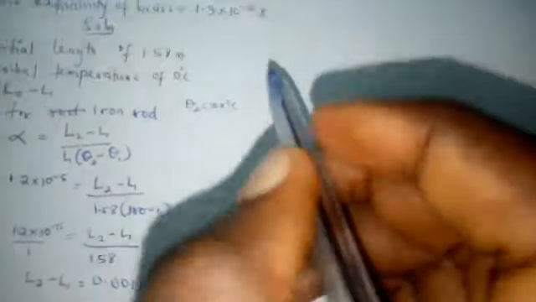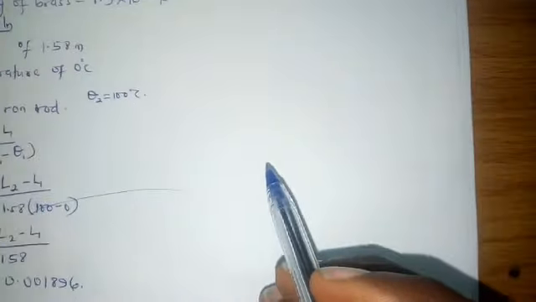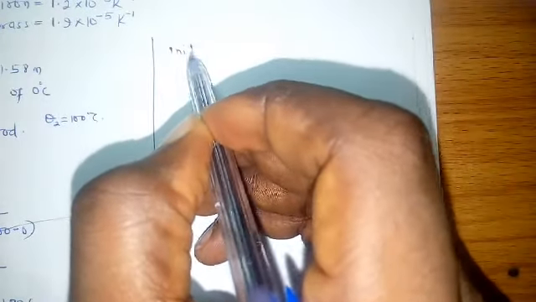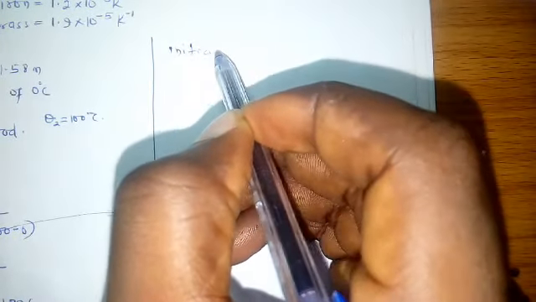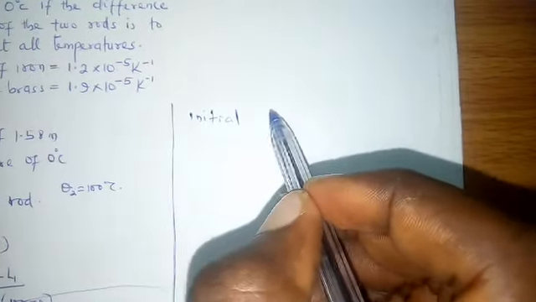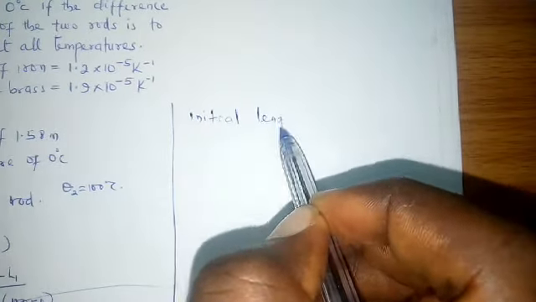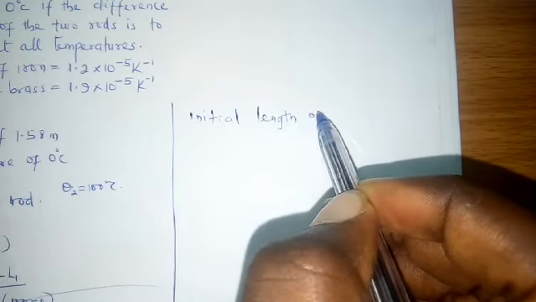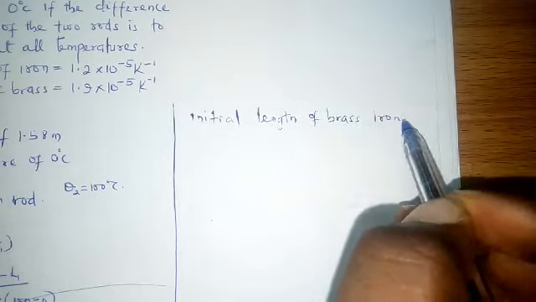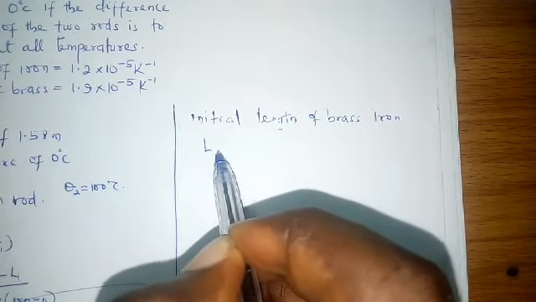In doing so, let me move this to this side and draw my line. The initial length of the brass rod was not given, L1.